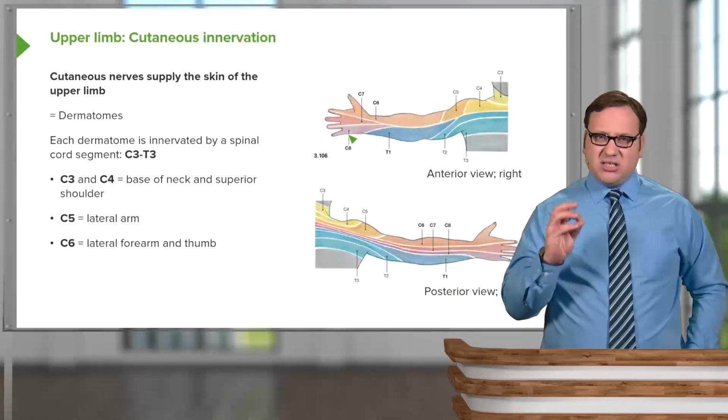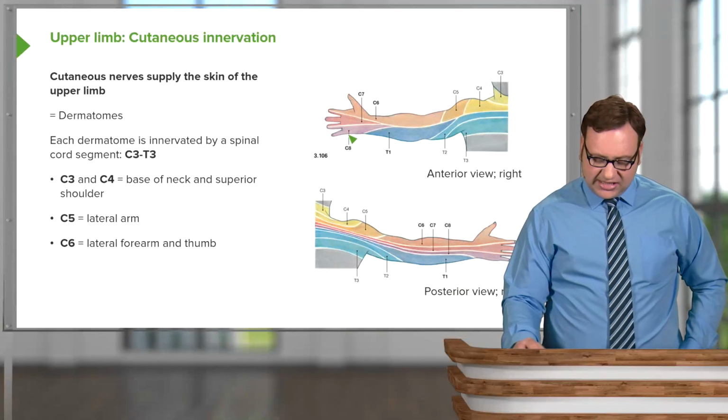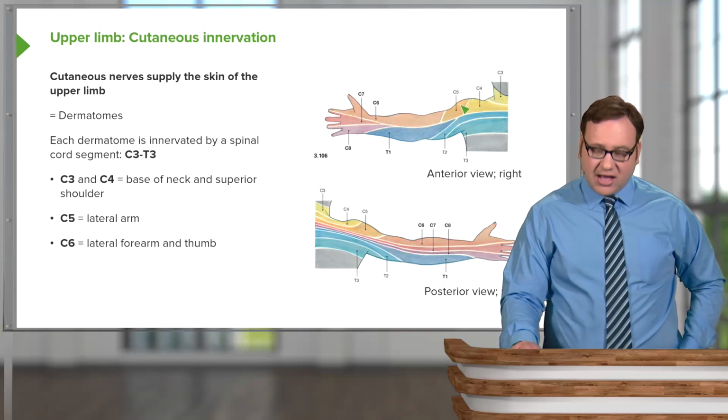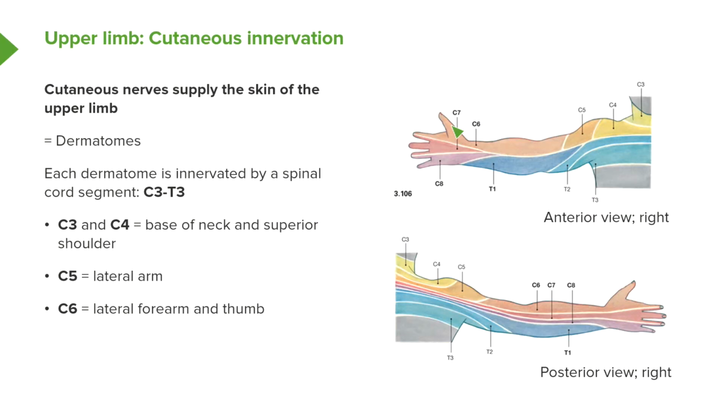So these segments of the spinal cord are going to receive sensory innervation coming from these respective parts of the body. So if someone was to hold your thumb, that information would pass to the 6th cervical spinal cord segment. If they were to touch your shoulder, it would go to either C5 or C4, depending on which bit they touched. So we have a map on our upper limb which tells the spinal cord where that sensation is coming from.